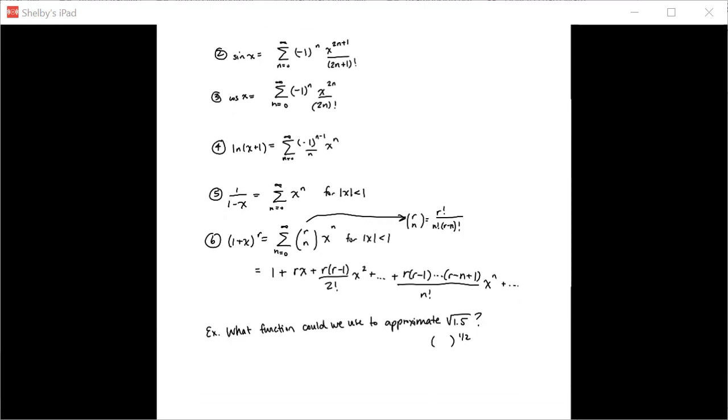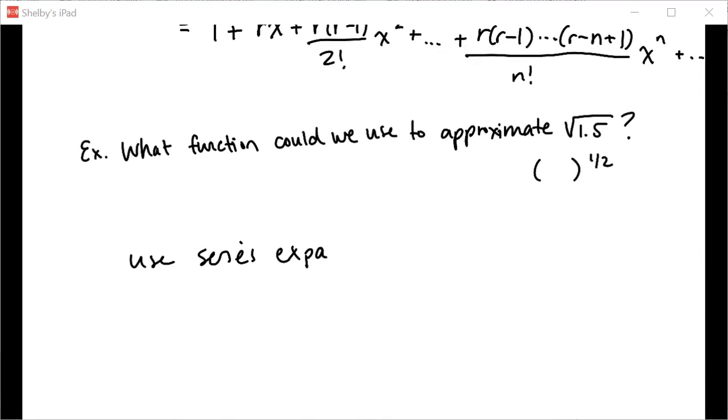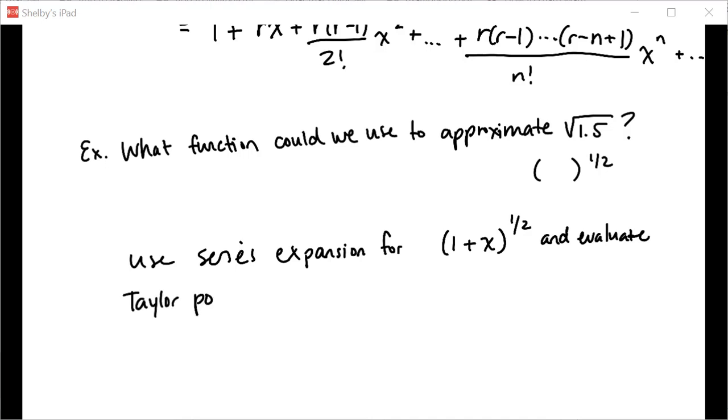So if it's something to the 1/2 power, what if we used the series expansion for 1 plus x to the 1/2 and evaluated the Taylor polynomials at x equals 0.5?